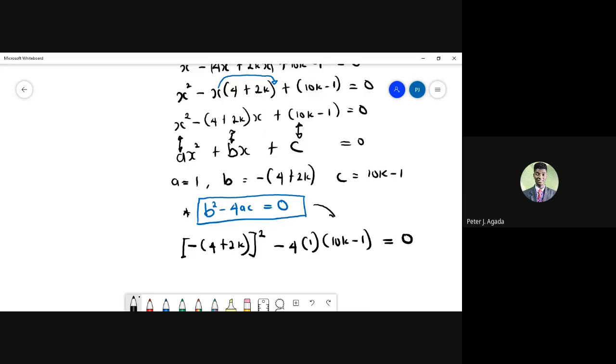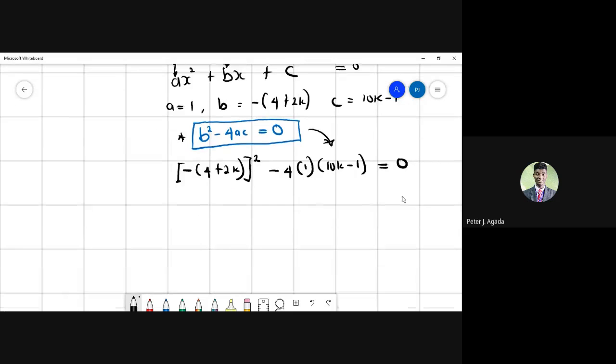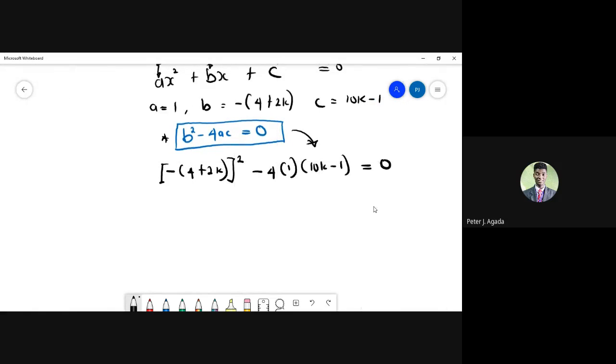I've successfully substituted for all the values of a, b, and c inside of my condition. Now, evaluating this one here, my first term can simply be 4 plus 2k times 4 plus 2k. You're asking me why I didn't put this negative sign? Because negative times negative gives you positive. So automatically, the negative sign is gone.